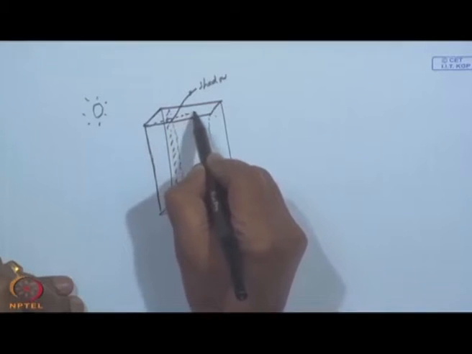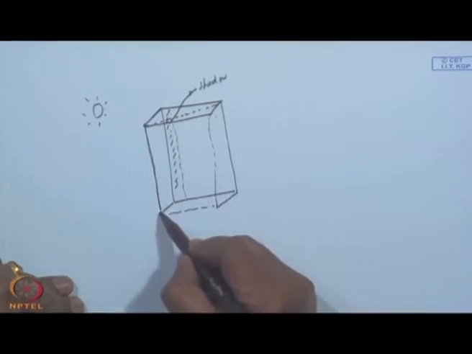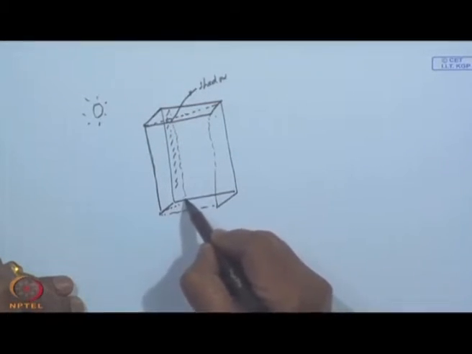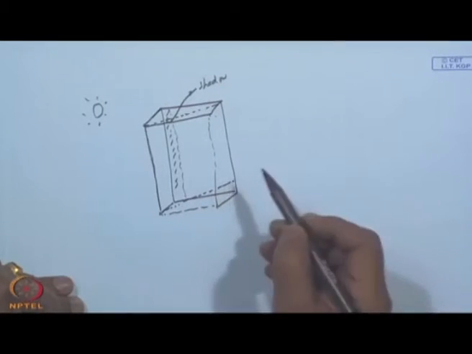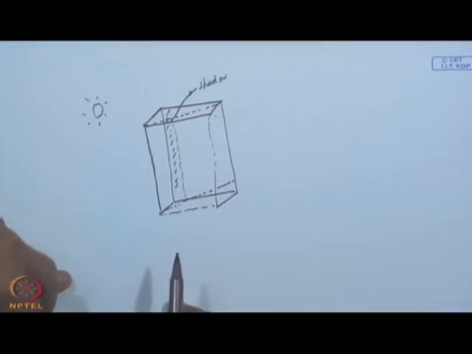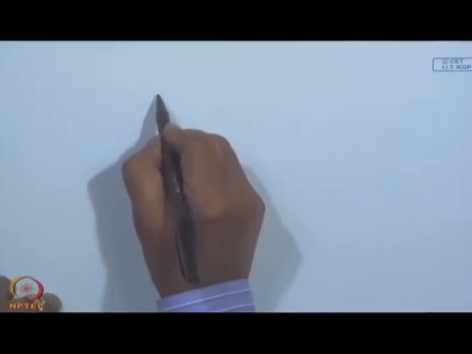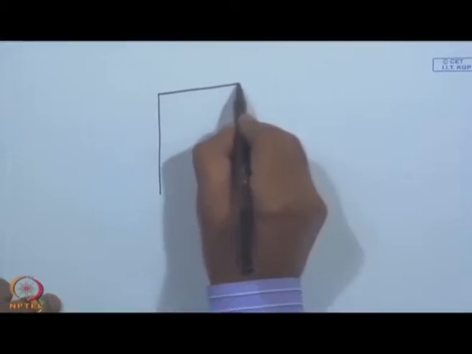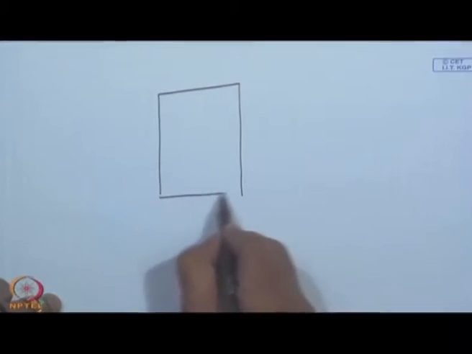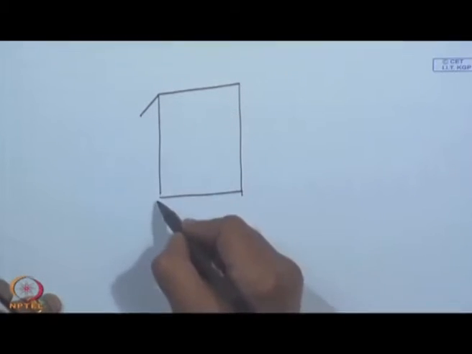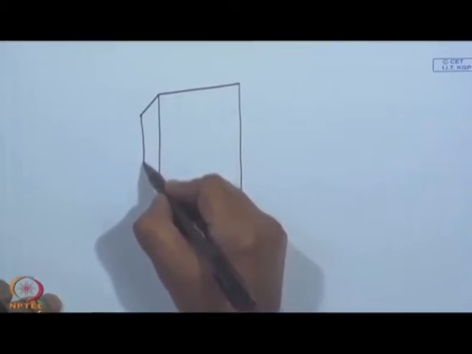You join one edge of the wing wall to the base of the window on the other side, and let me show only one of them, so that it will be clear. So, this is your window, and this is your wing wall.